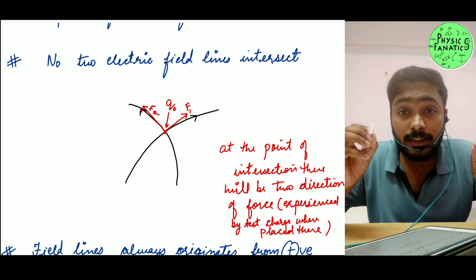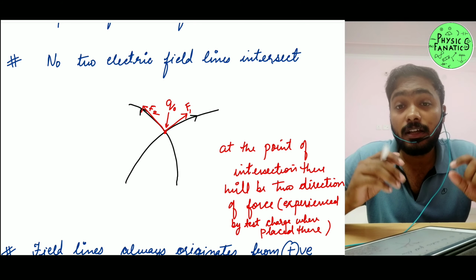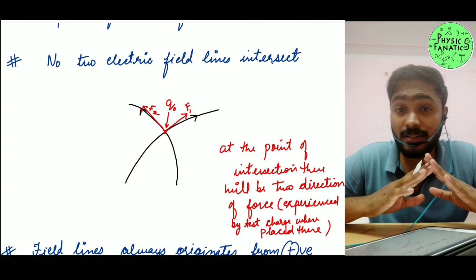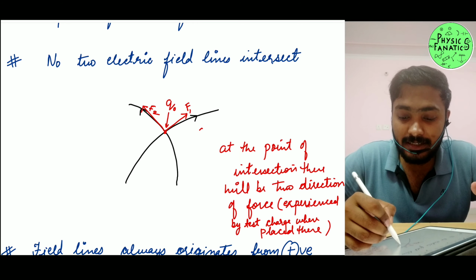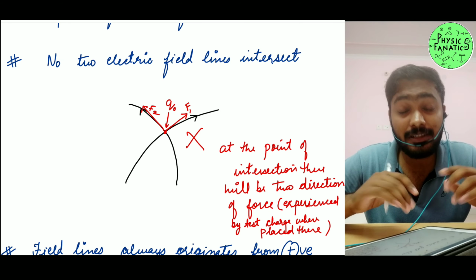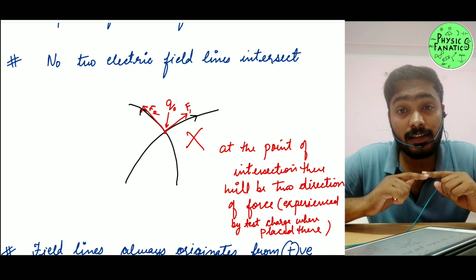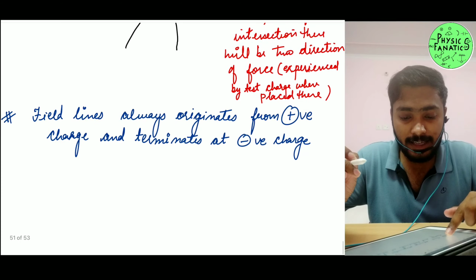The moment your test charge is placed at the point of intersection, it is supposed to experience force in two directions, which is not possible. I hope that is understandable. So this scenario is not possible. That's why we say that no two electric field lines can intersect. Great. Let's move to the next property.